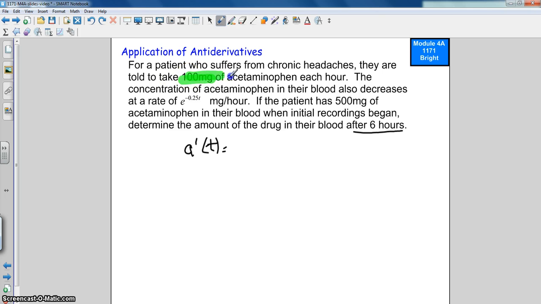They take 100 grams each hour, and it also decreases by e to the minus 0.25 t each hour. So going ahead and doing this, the amount increases by 100 each hour, but then it decreases by this amount, e to the minus 0.25 times t.